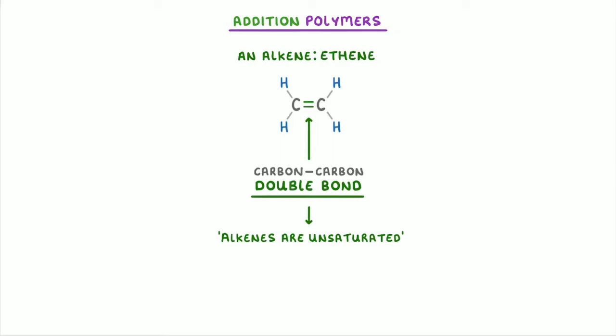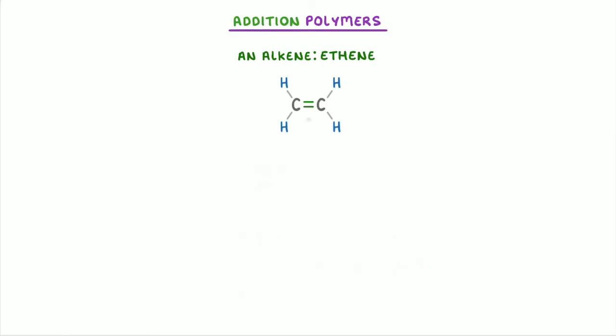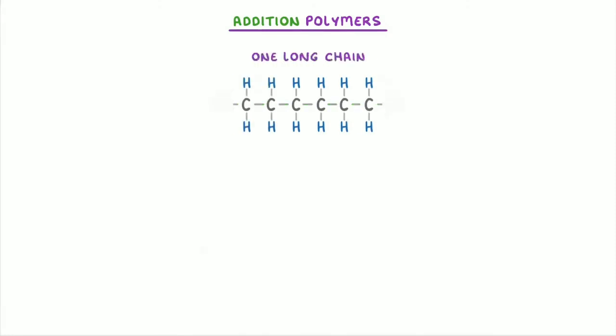And under the right conditions, the double bond can break into a single bond, which allows the two carbons to form new bonds with something else. So if we had 3 ethene molecules, and all of the double bonds opened up, then they'd be able to form new bonds with each other, and so combine to form one long chain, which we'd then call a polymer.